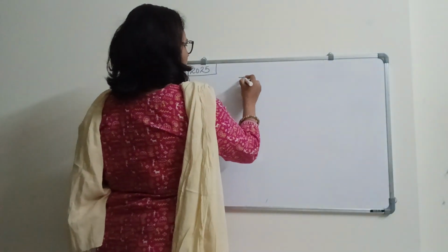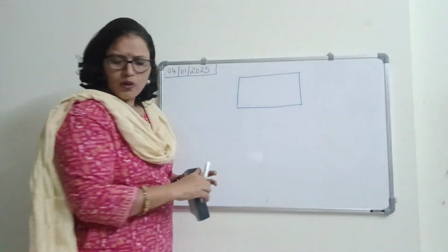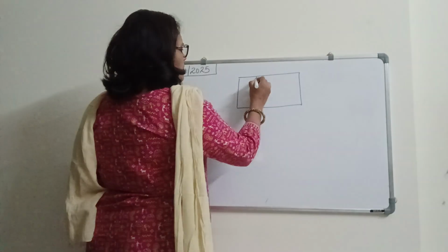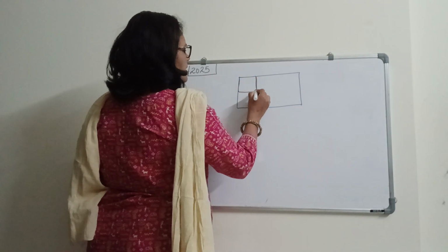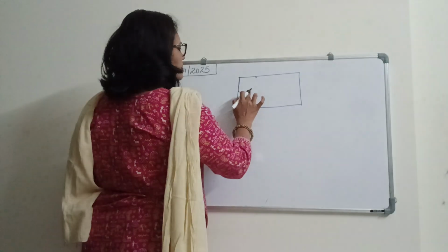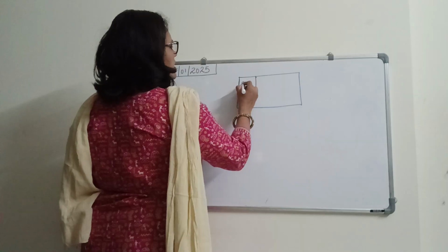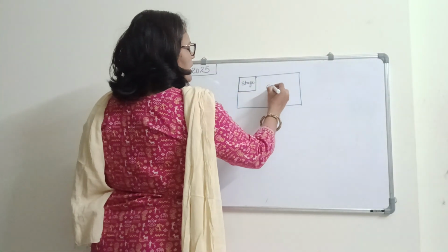So this is the hall, and this is a rectangular hall. In this hall, suppose this portion is kept for the stage purpose. This is the stage, and this is the carpet for the hall.